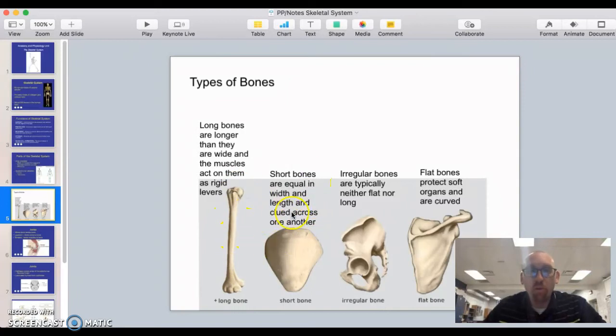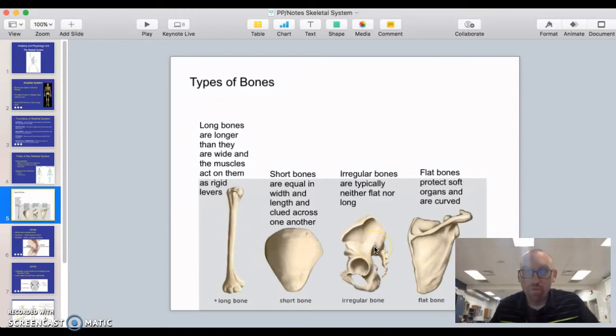You do have short bones, which are essentially exactly what they mean. They're short in length. These form parts of your body that obviously aren't very long, not like your arms. You would have some of these short bones in your wrist and your ankles. You have irregular shaped bones throughout your body, like part of the back of the skull and your pelvis.